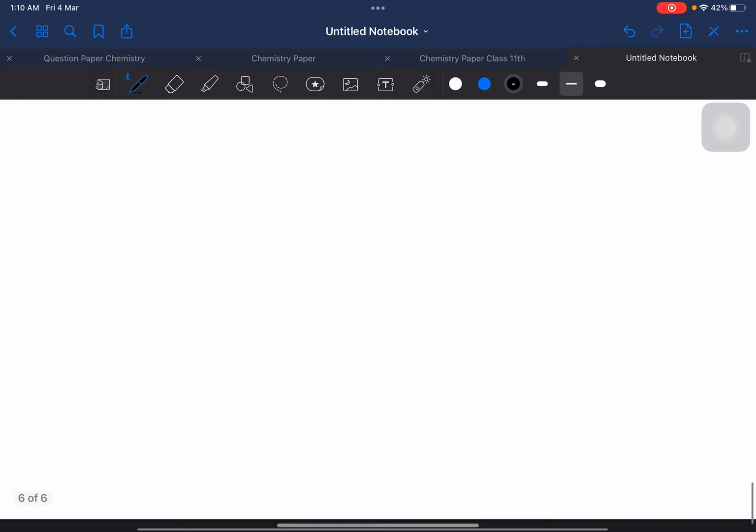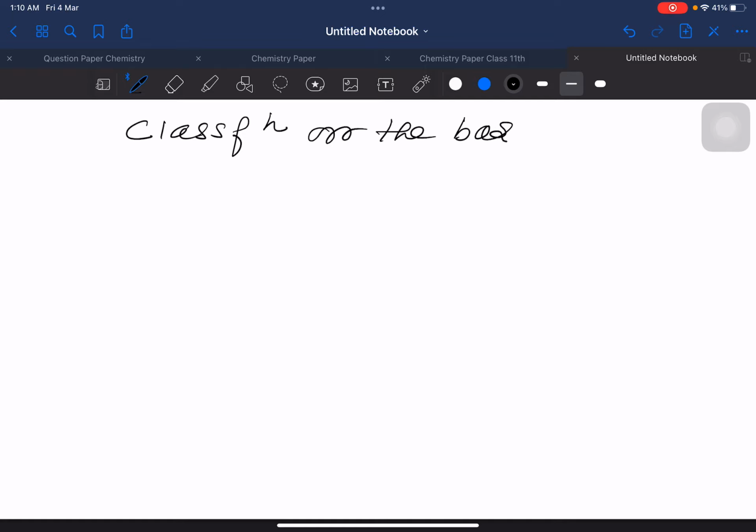Now, classification of polymers on the basis of mode of polymerization.